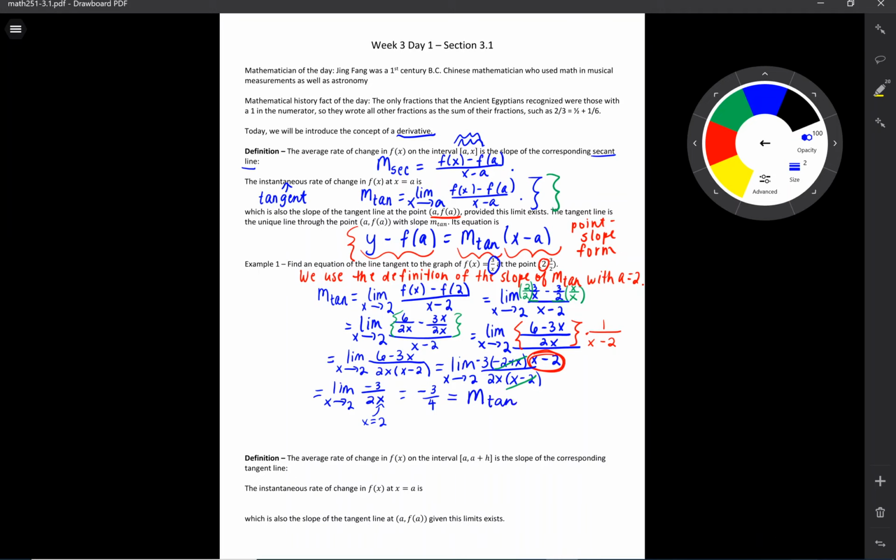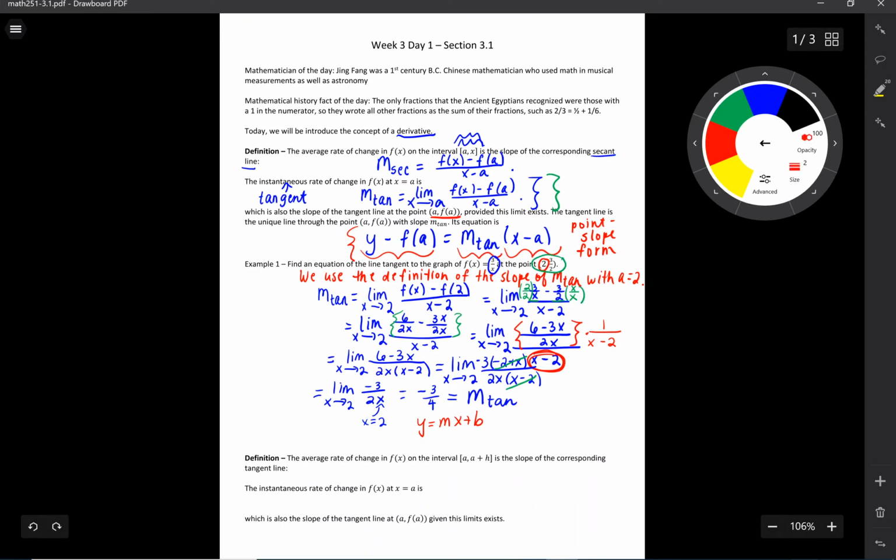All right, so personally, I prefer y equals mx plus b form. You could just use point slope form for this, but I'm going to convert this into y equals mx plus b. I need to find my b value. I have the point 2 comma 3 halves.